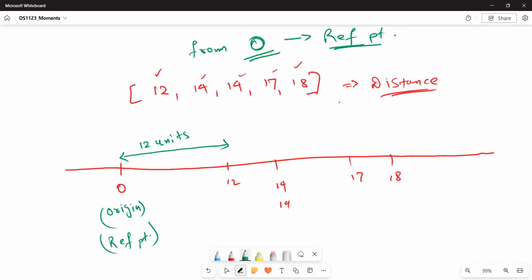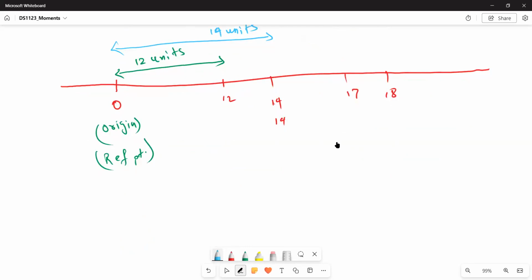So the value 12 is present at 12 units of distance, this 14 is present at 14 units of distance from origin, and 17 and 18 are at 17 and 18 units of distance, respectively, from origin. So here, my reference point is origin.